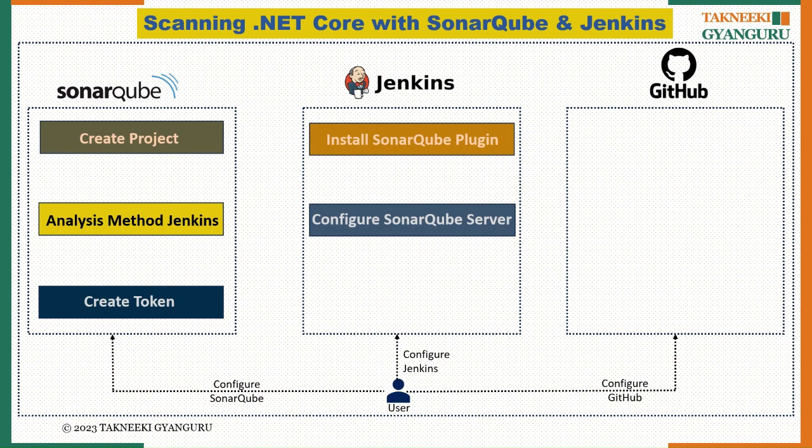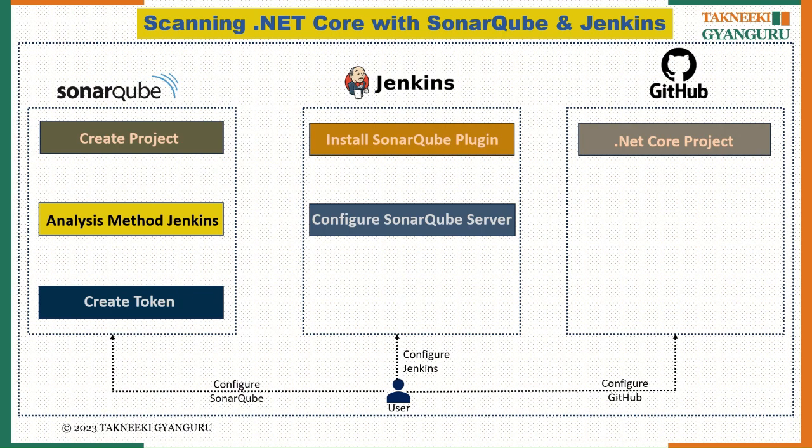Before configuring Jenkins further, we'll move to GitHub, and then we will either create a .NET Core project, or you can create your own .NET project. We have already created and deployed a .NET Core project in my previous video.